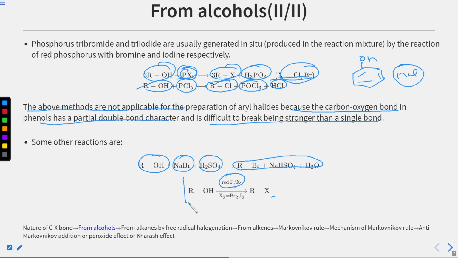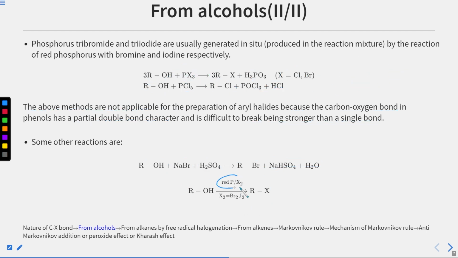So look at this reaction. Does it seem similar to you? Yeah, it is similar. We have only changed one thing: we have placed the reactants, meaning the reactants which are used for the preparation of the reagent. So I would explain it like this. If you react your red phosphorus with bromine, you get phosphorus trihalide, and the reaction of it further with alcohol gives you the alkyl halide.